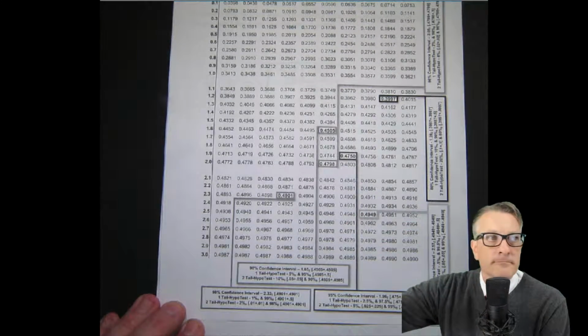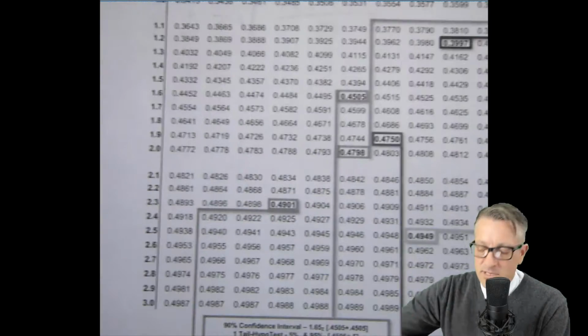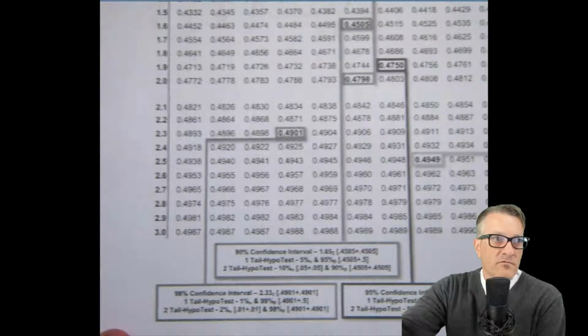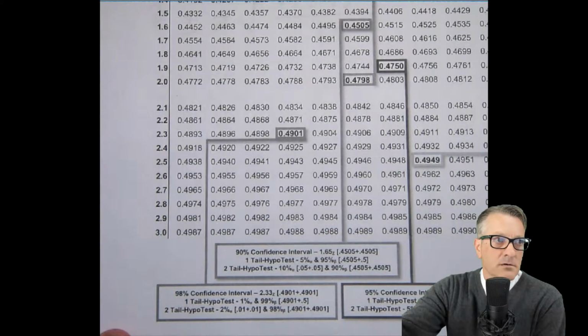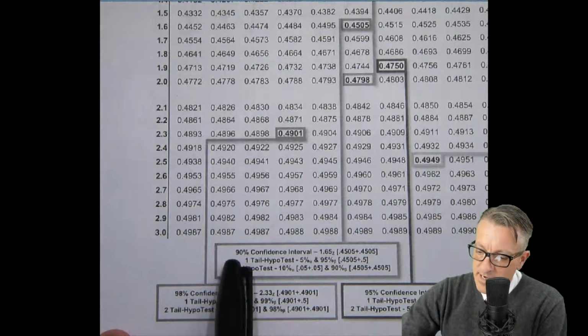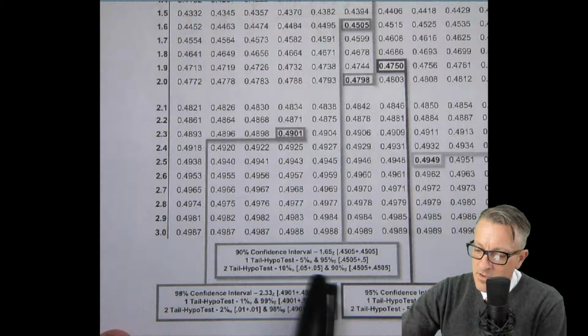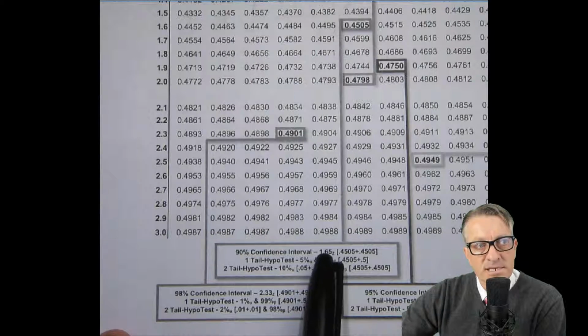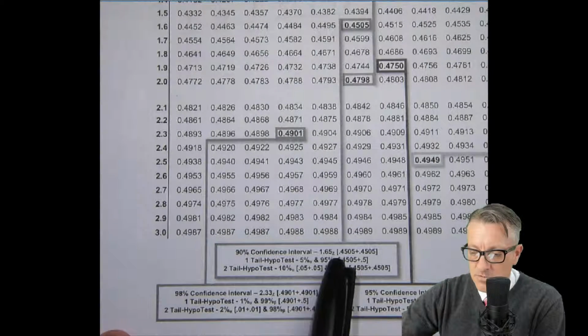So in this case, I have this all annotated, but it says 90%. I'm going to zoom in. Okay. It says 90% confidence interval, 1.65 z. So that's actually the 1.65 is what we're going to use.